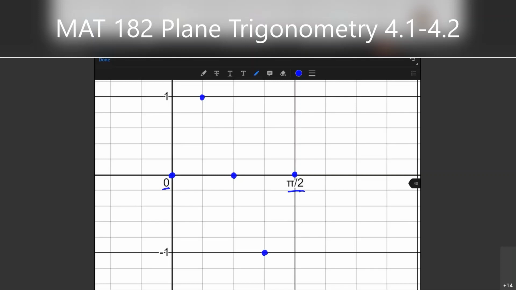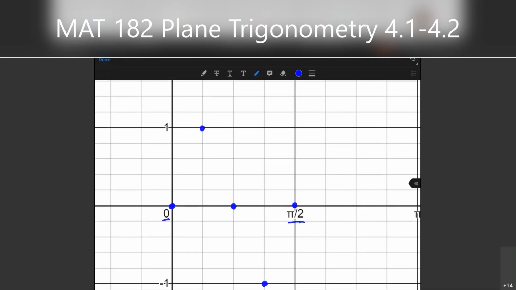If we're measuring these out, this would be pi over 8, 2 pi over 8, 3 pi over 8, and 4 pi over 8. We wanted to keep track of those fractions on this graph. And our graph looks like this. So that would be our first full cycle of sine in the 0 to pi over 2 range.